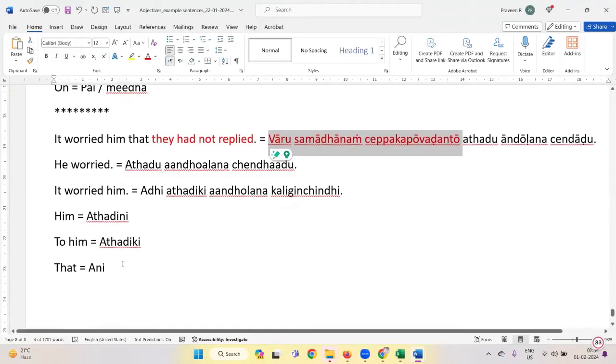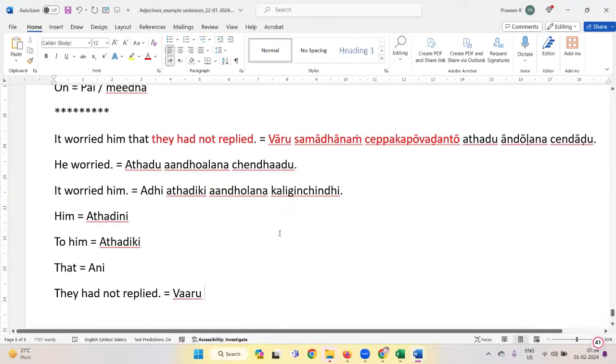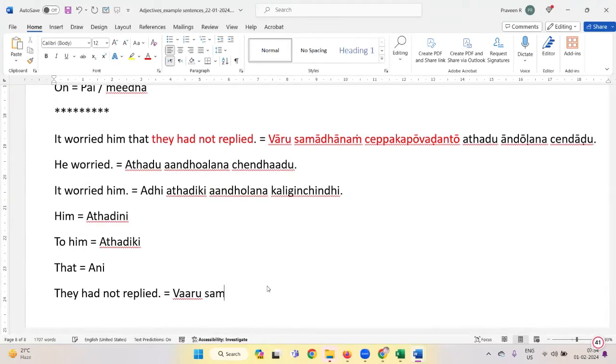Let's simplify this one. They had not replied. Okay, varu or valu. Valu it is used in the spoken language. Varu is used in the written language mostly. Varu samadhanam చెప్పలేదు.